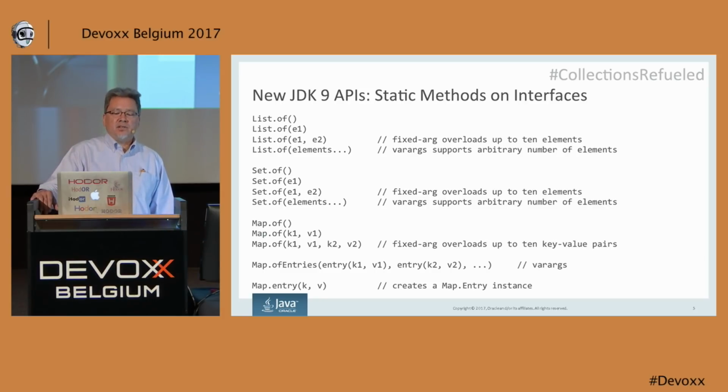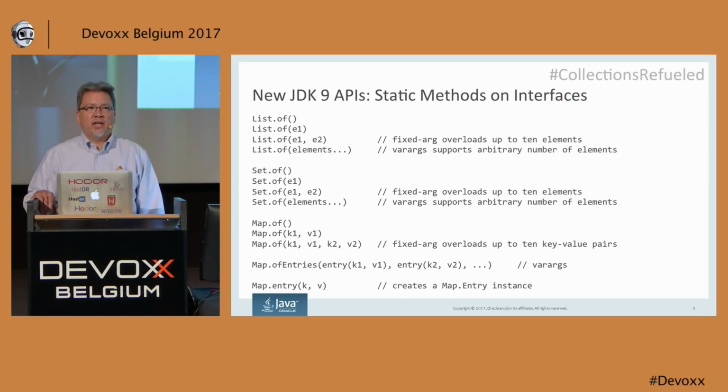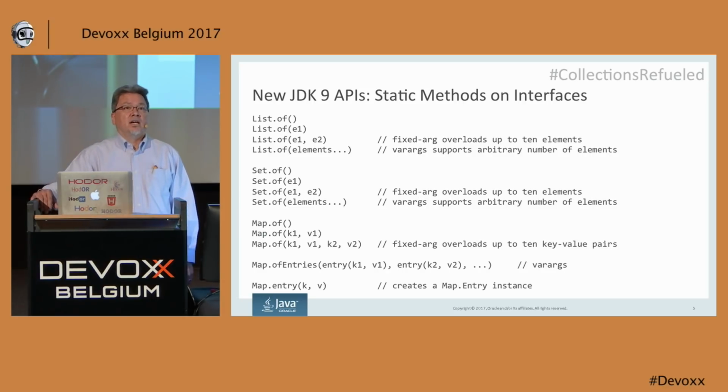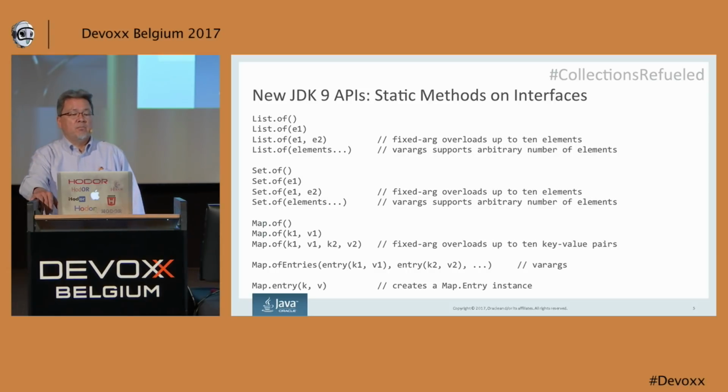We made that a little easier because we've also added a static method called entry. You can see that lowercase entry takes a key-value pair and returns an instance of Map.Entry. So if you want to add more than 10 mappings to one of these maps, you can say Map.ofEntries.